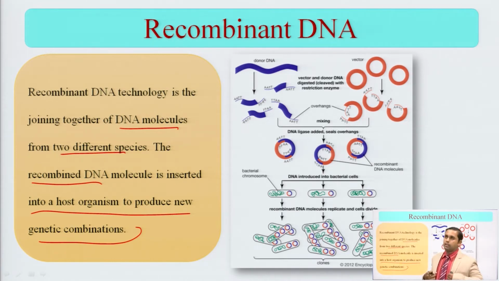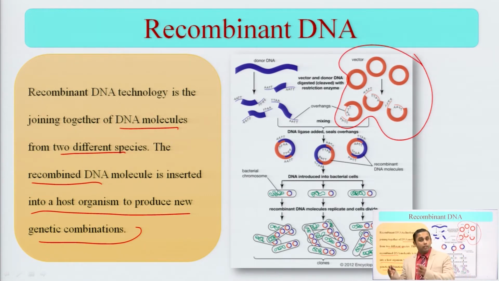Whatever we have seen in our molecular cloning section, we are almost referring to those things here. For example, the vector. In my previous lecture you have seen what a vector is, what the types of vector are, and how you can choose a particular vector based on your need.